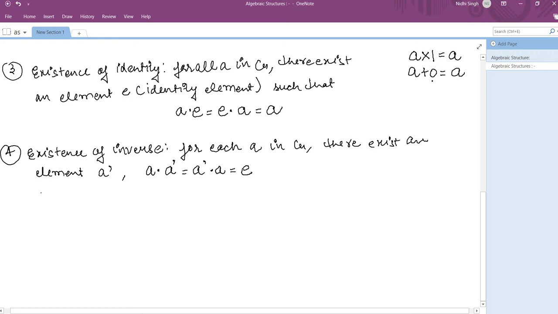Now another thing is commutative group. What is a commutative group? Let me write the definition.